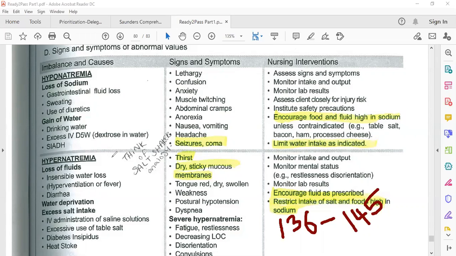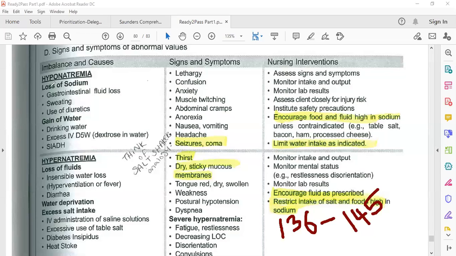Let me recap it. The function of sodium in the body is to maintain fluid balance and the function of the nerves and muscles. What are the sources of sodium, my friend? The sources of sodium are salt and processed food. Salt is the most important source.